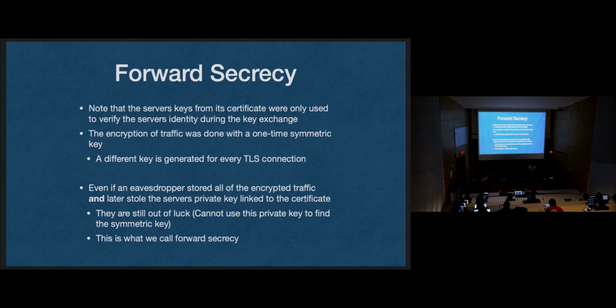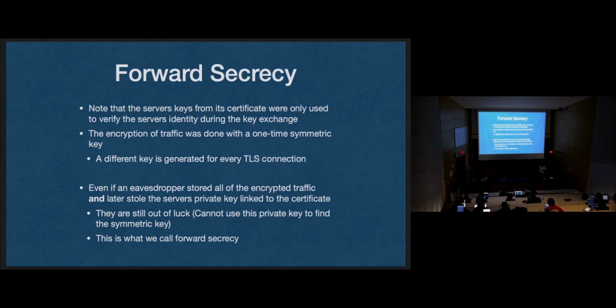And then they steal your private key later. Well, they can verify the signature of the partial key, but they could already do that because there was no encryption there. So they don't gain any information, and they can't gain any information about that private key.